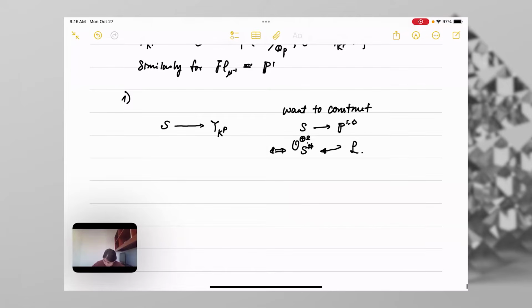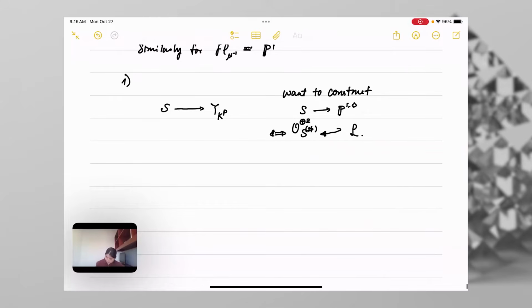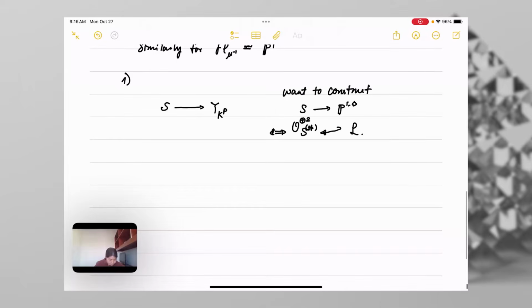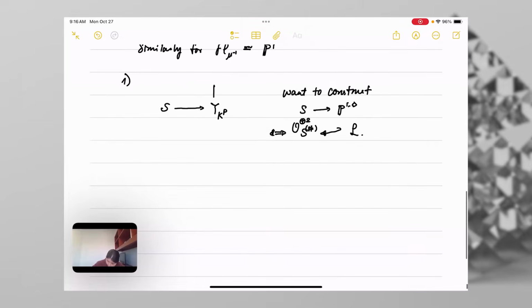Also, tilting and untilting is not a very serious issue in defining this map, so let me just drop this sharp everywhere and pretend that S is already a characteristic 0 perfectoid. We write E for the universal elliptic curve over Y, and this projection map by f.